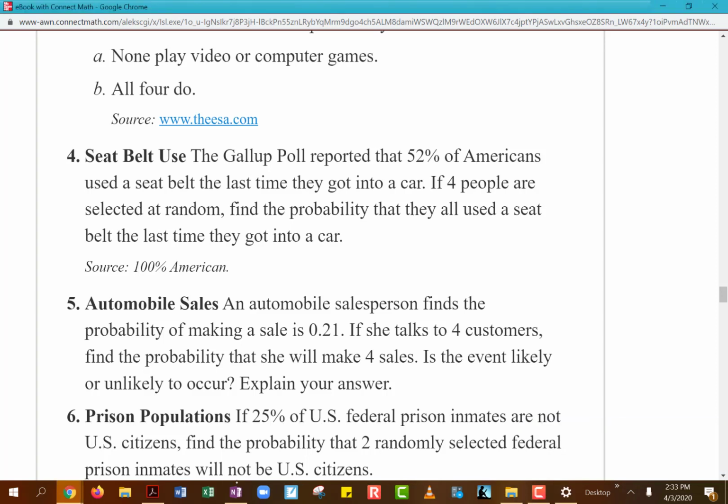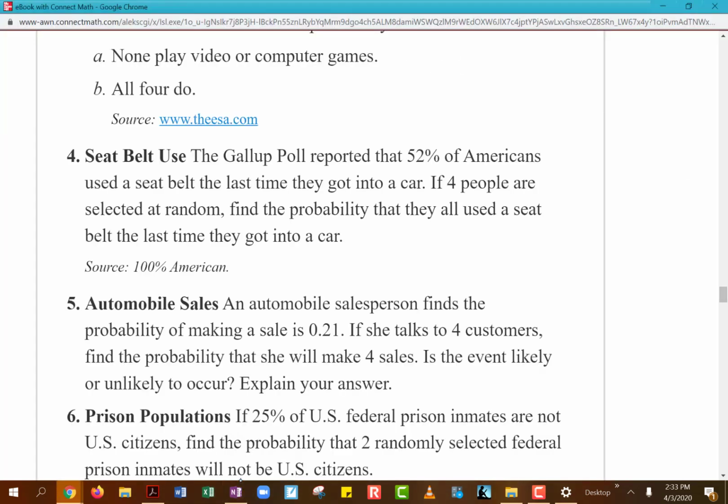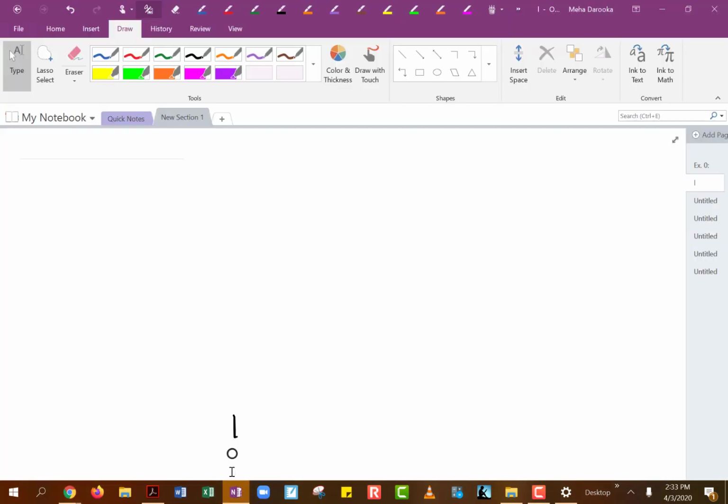So they're telling us that the probability, apparently this pen is not wanting to cooperate with me today.